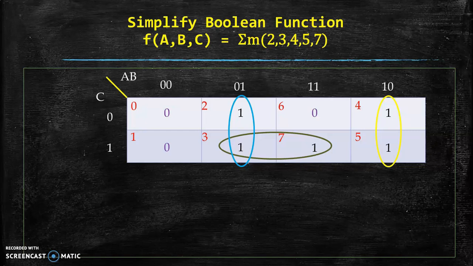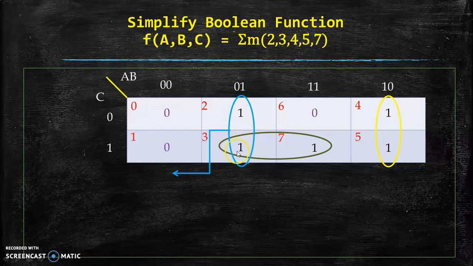Now we have to write product terms for each pair. In the case of a pair, we know that one variable is eliminated. Suppose for this pair, vertically it covers both cells, so C is eliminated. When it covers all the cells in the column or row, then that variable is eliminated.